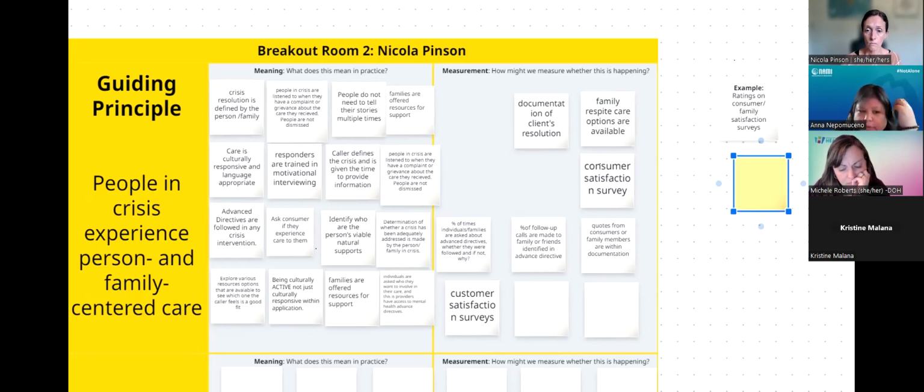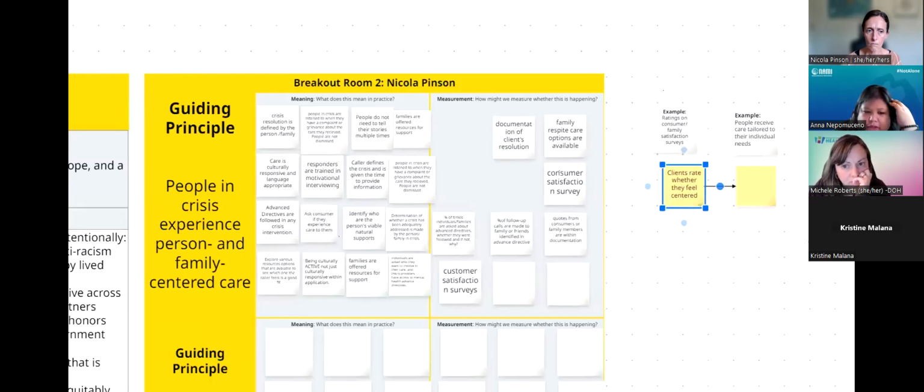I'm the one that put down the care is culturally responsive and language appropriate, and then someone else put that it's culturally active, not just culturally responsive. So I want to learn what that means. Does the person that identified being culturally active want to share more thoughts on what that means?